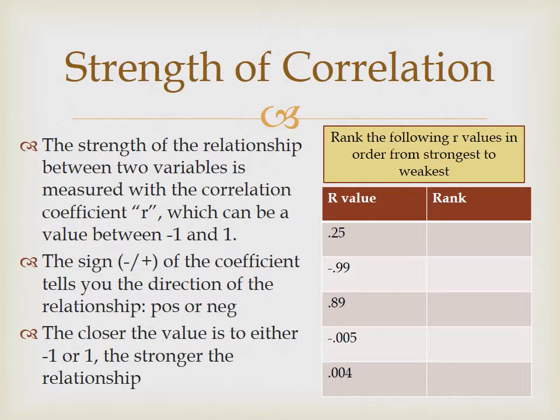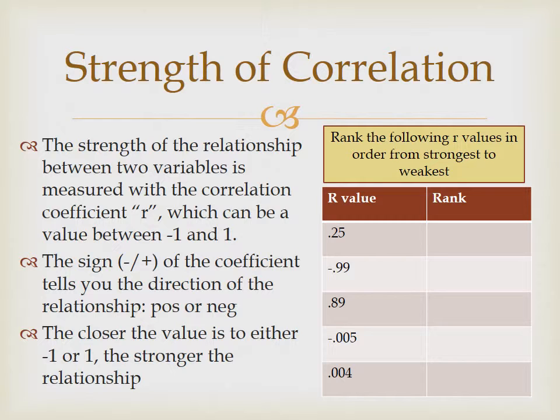Now the sign of the coefficient, the sign of your R value, tells you the direction of the relationship. So we've already spent some time looking at examples of positive correlation and negative correlation. But when you're looking at an R value, how do you know if it's positive or negative? You can't see the line sloping up or sloping down.